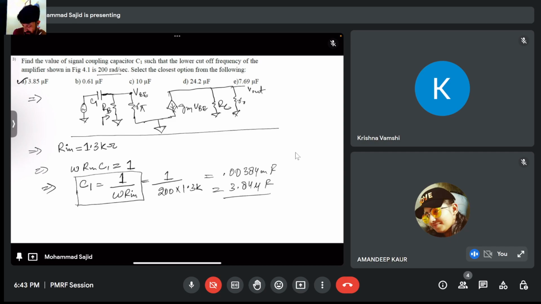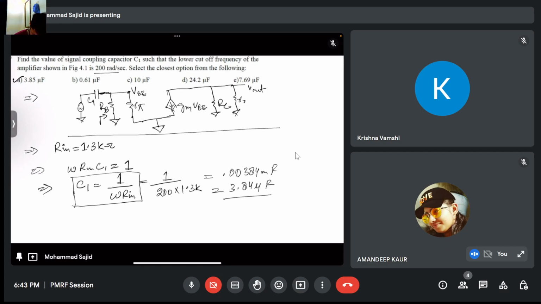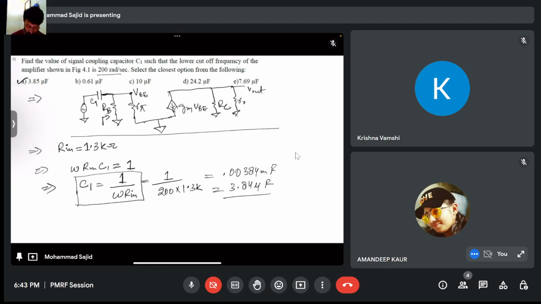Now what we have to do is find the gain. What is the gain of the circuit? There is no issue with this. Let's just see how we can obtain this equation. So how will we find gain? We use KCL over here.